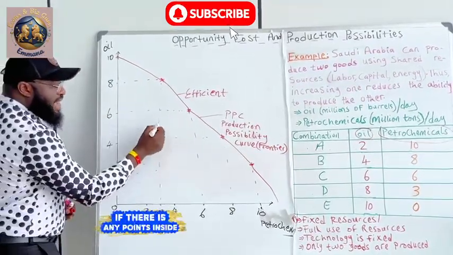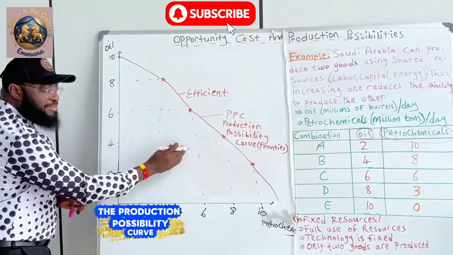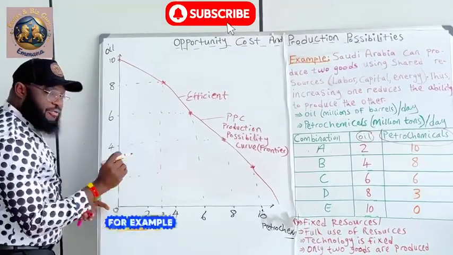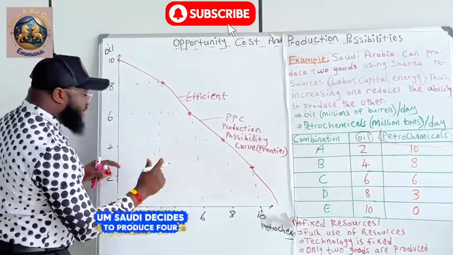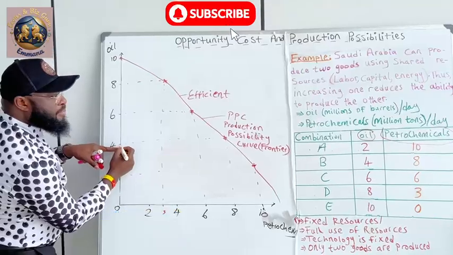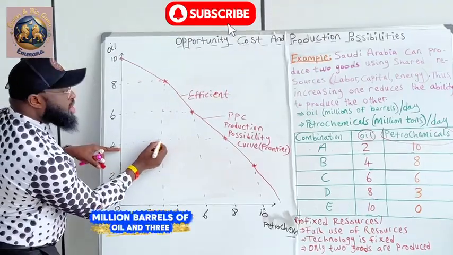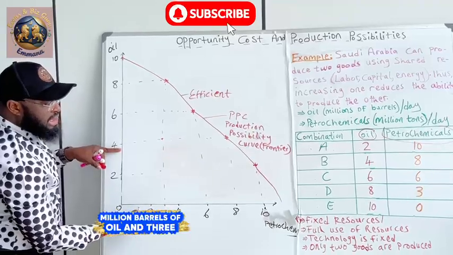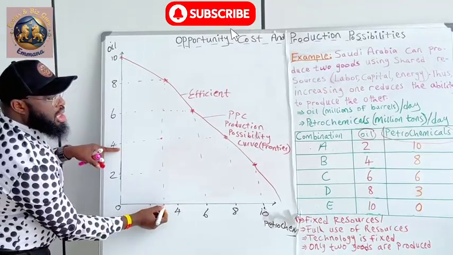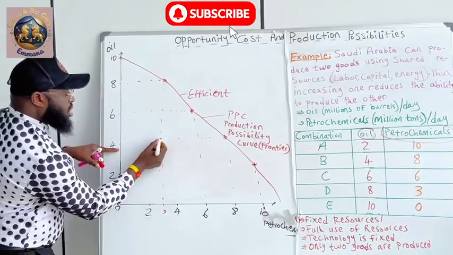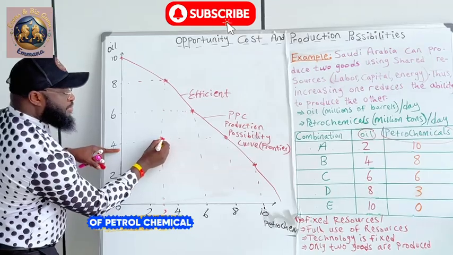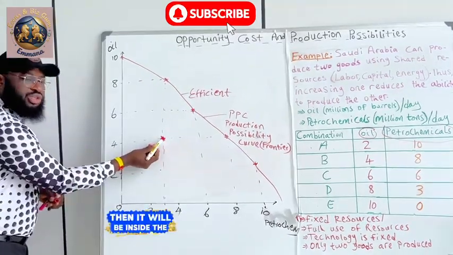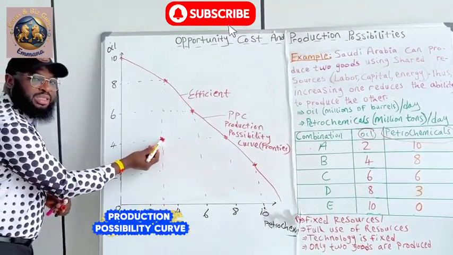But then, if there is any point inside the production possibility curve, for example, Saudi decides to produce 4 million barrels of oil and 3 million tons of petrochemicals, then it will be inside the production possibility curve.